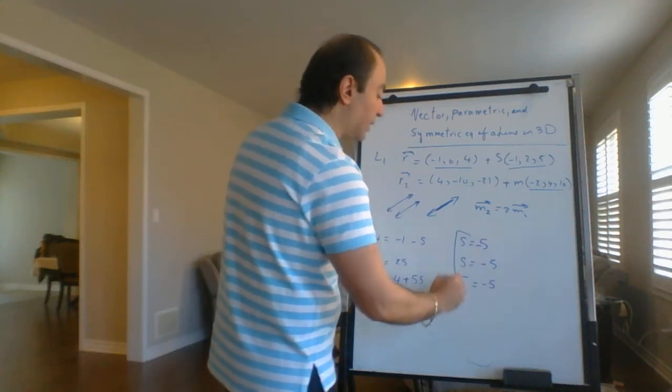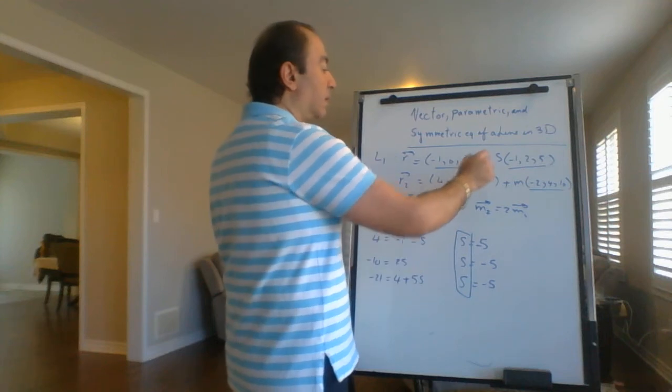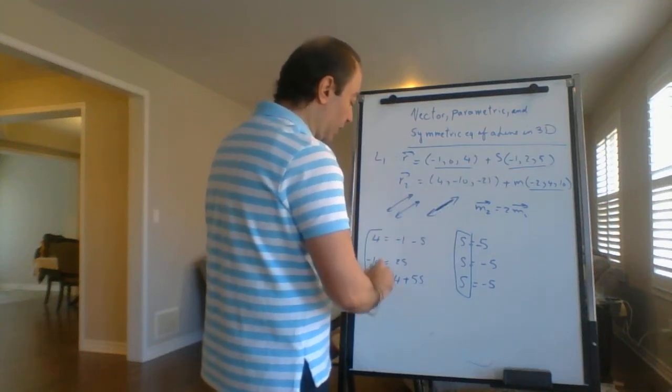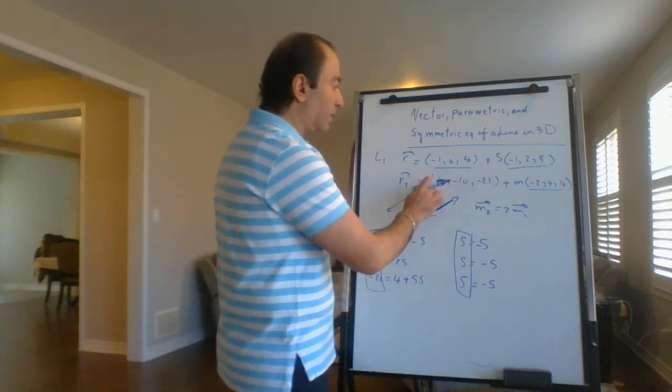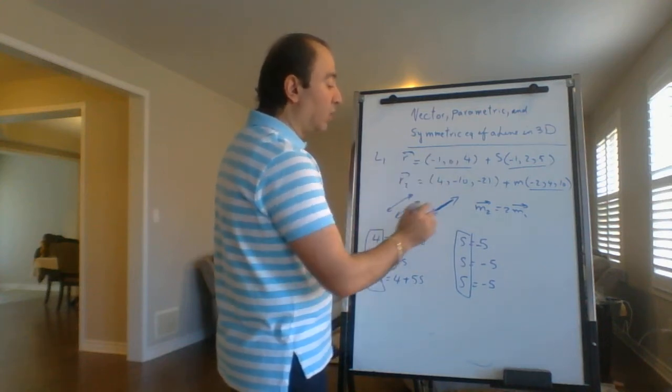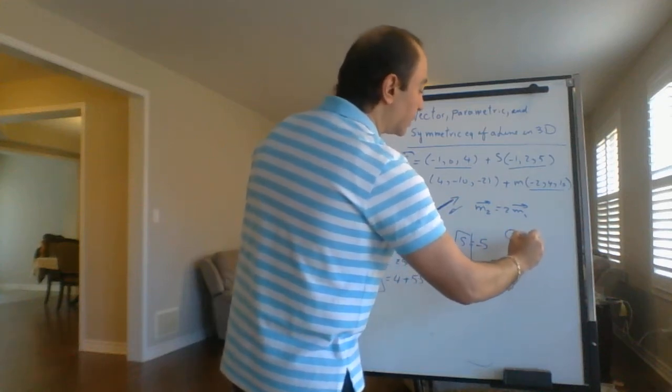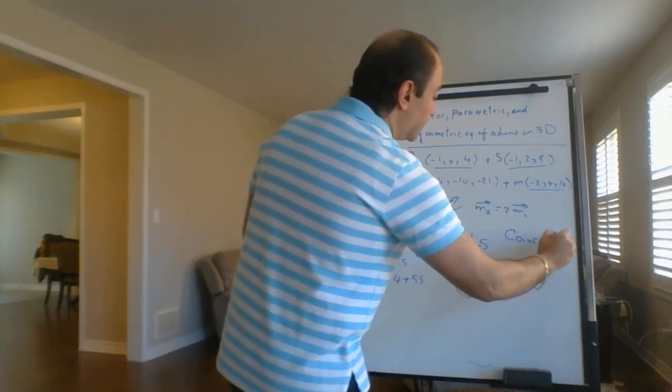So there is one parameter that produces this point. That means this point lies on this line. So we have this case, coincident lines.